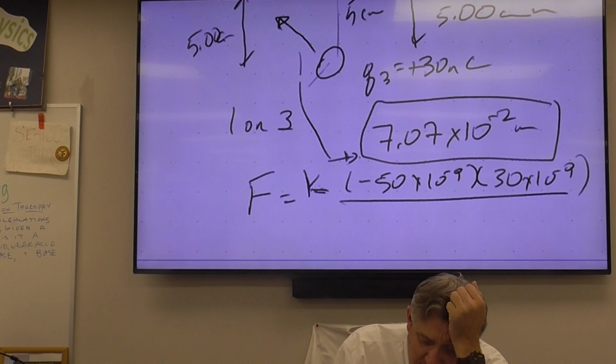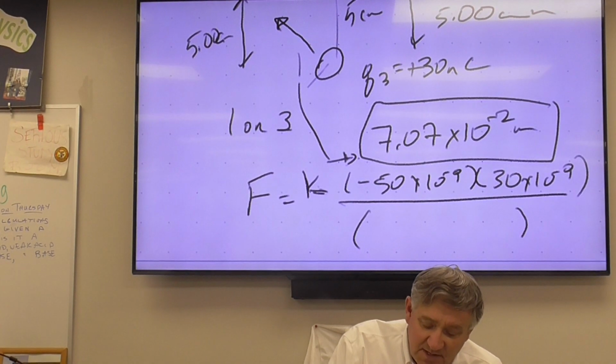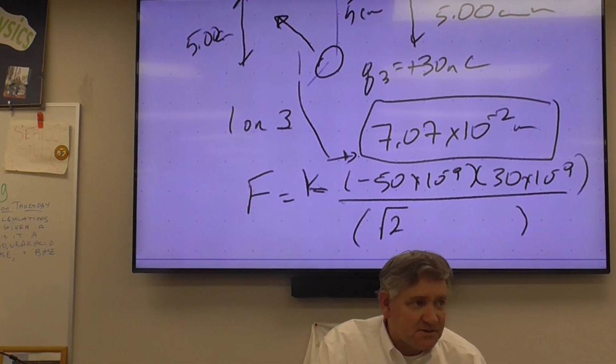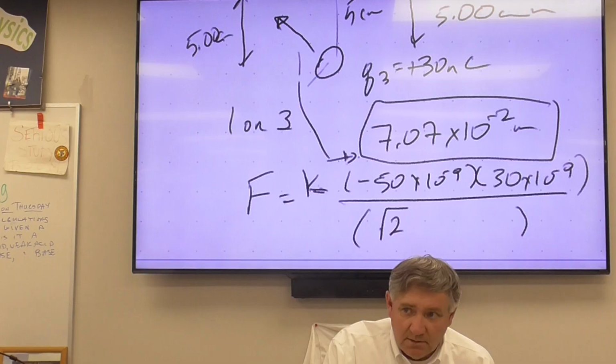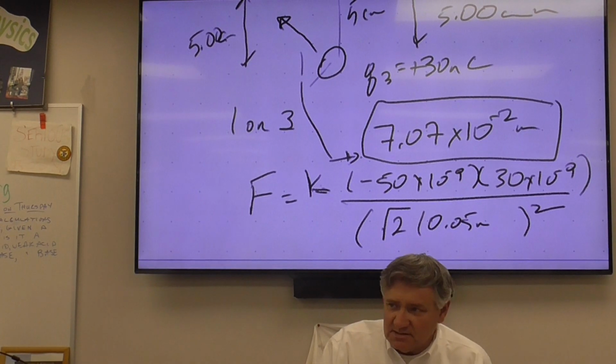Now, if you wanted to, because that's going to get squared, basically that was the square root of 2 times 0.05 meters, but that's going to get squared.